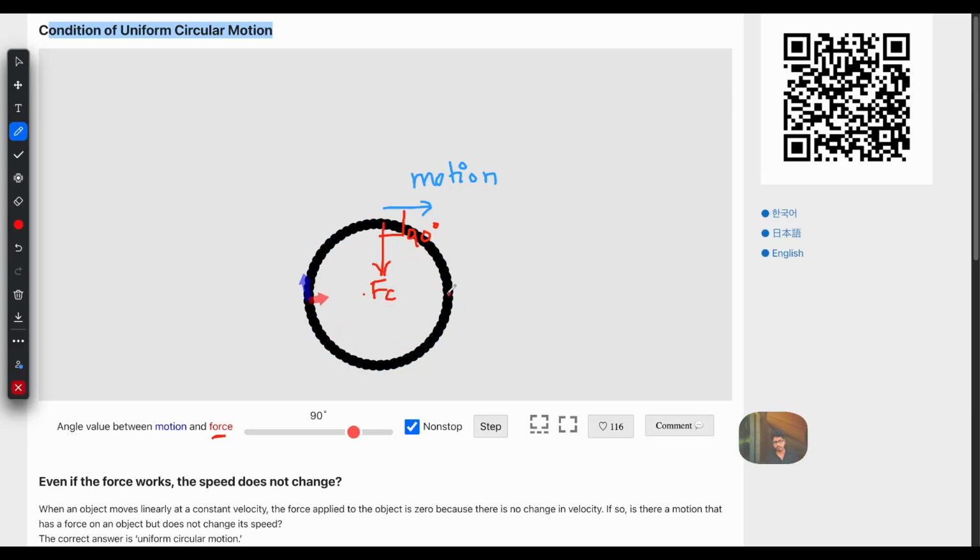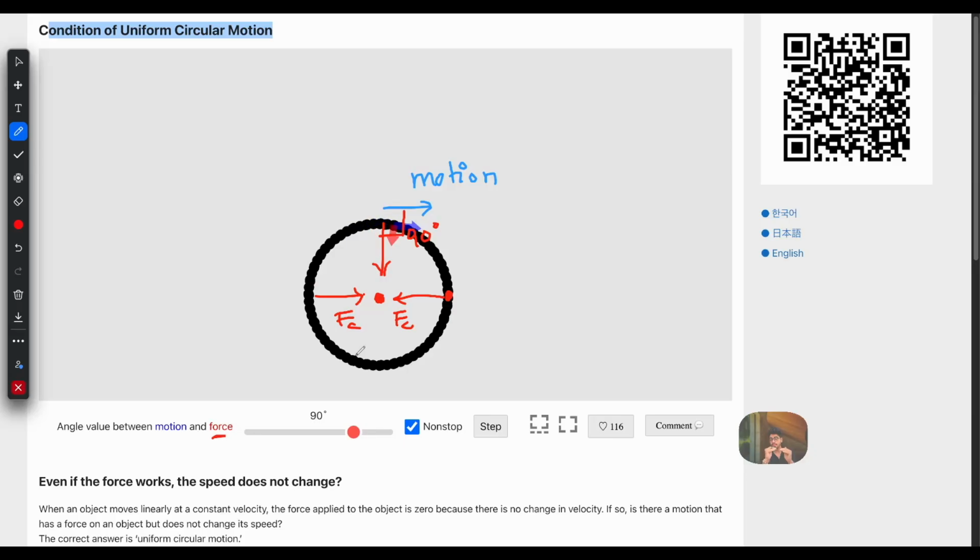Look at the same thing. The force is always towards the center. This force we call centripetal force, and it acts about the center point. So what is the condition to have a uniform circular motion?